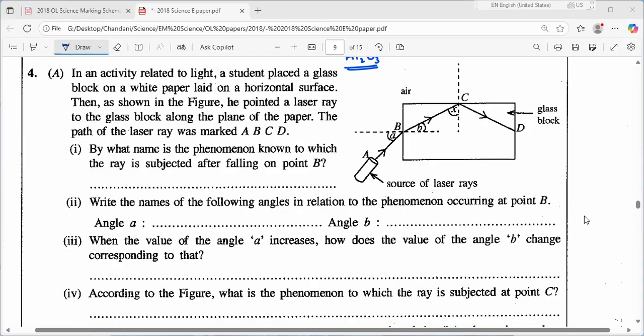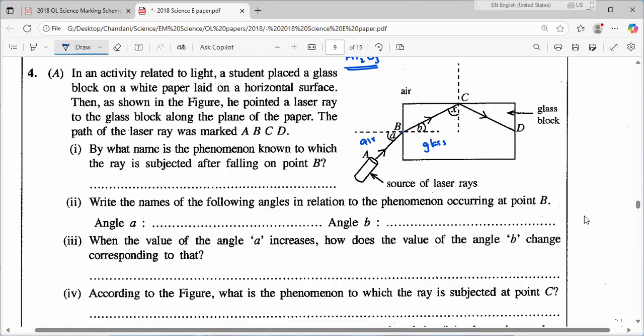First one: by what name is the phenomenon known as which the ray is subject to after falling on point B? Now this is the glass block and the light is entering from air medium to glass medium. They both are transparent mediums.